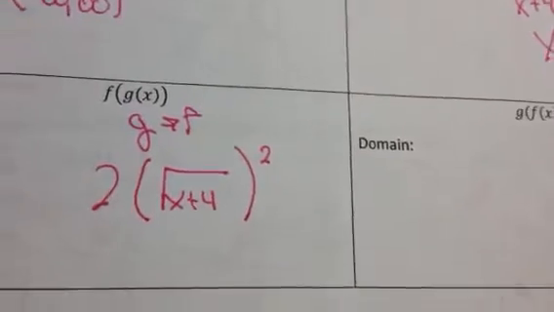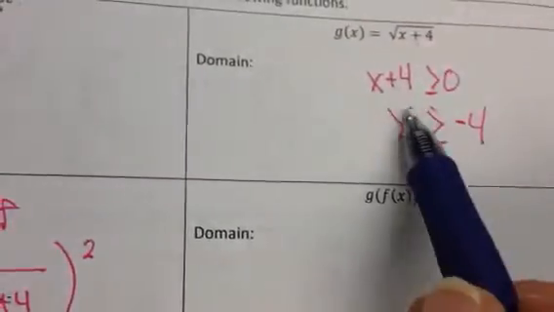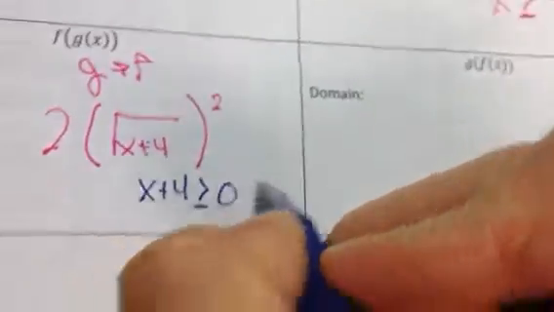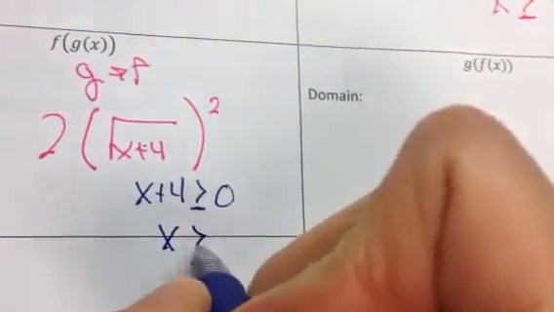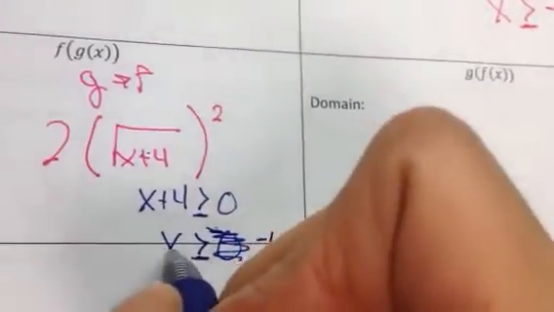When I go for the domain issue, I want to use its unsimplified format, and I still have the same issue that I had up here. There is x plus 4 inside an even radical, and whatever's inside that even radical has to be greater than or equal to 0. So my domain is not 0, it's -4. There's my domain issue, and I might write that as it can begin at -4 and then get bigger.